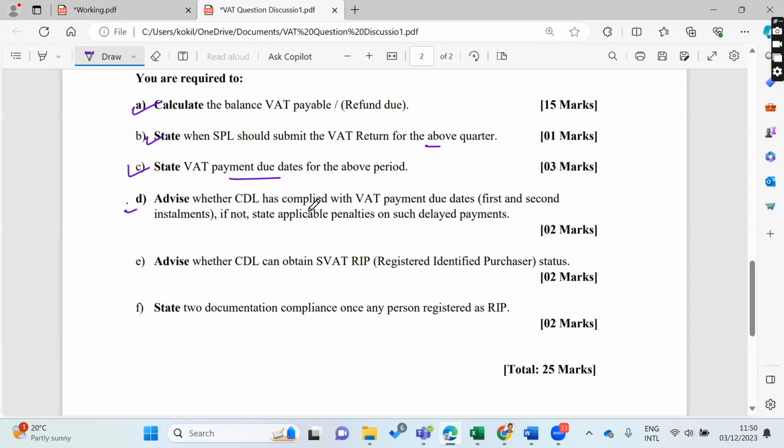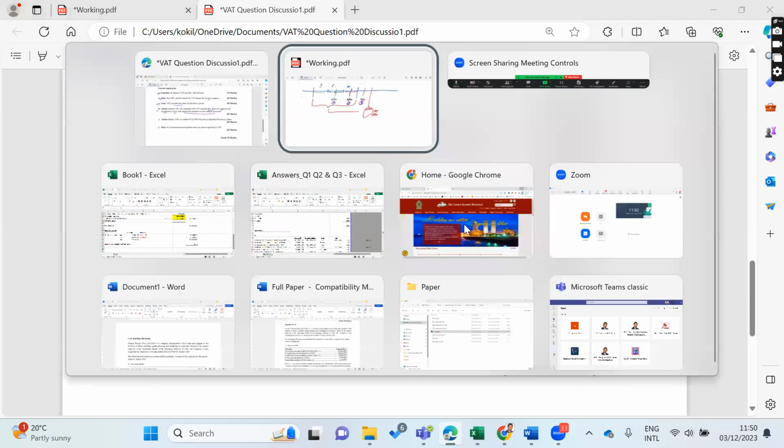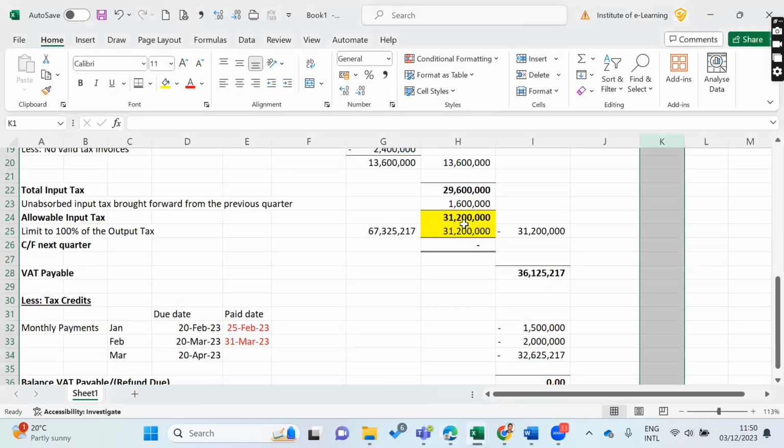Then, has CDL complied with the due date, first and second installment, right? If not applicable, state the applicable penalty for delay payment. They haven't complied with the due dates, right? Because as you are aware, we have discussed this in the Excel.